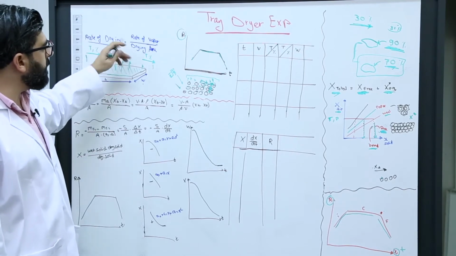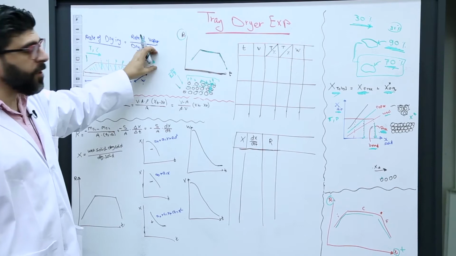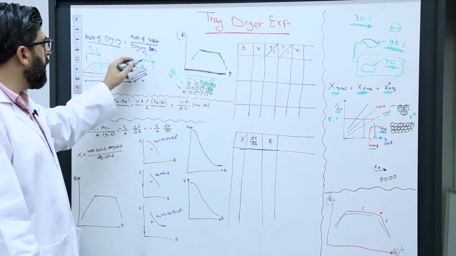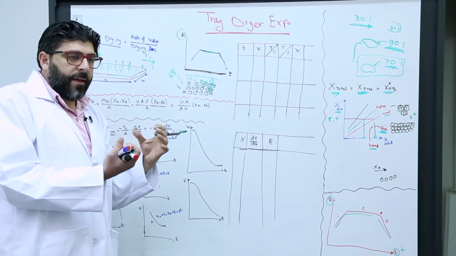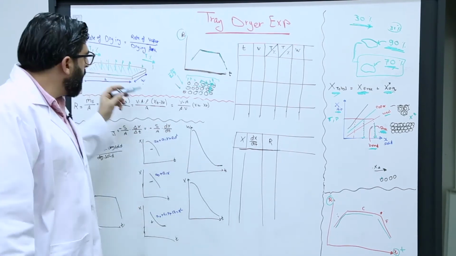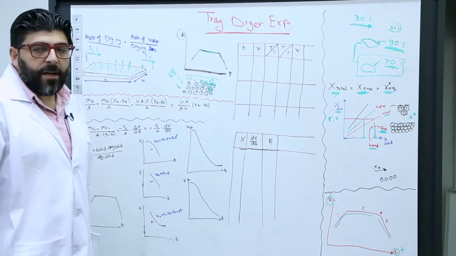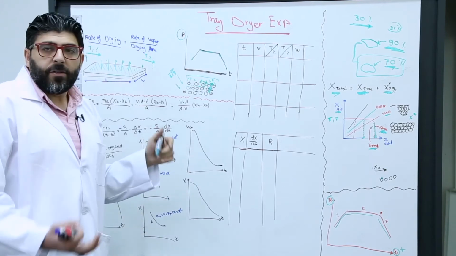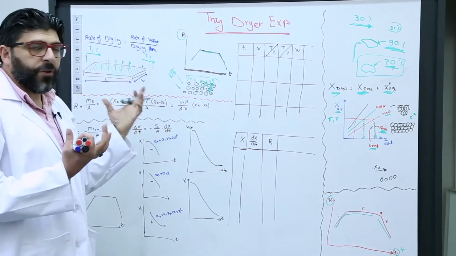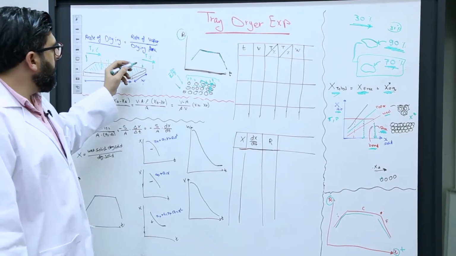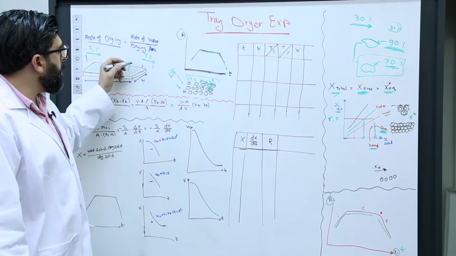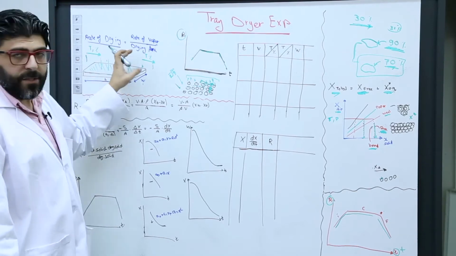Then it exits at a specific temperature and specific humidity. The difference in humidity between them means this air has already carried some water from the solid. So this is the amount of water carried by the air, and I can determine the rate of evaporation through the air properties.